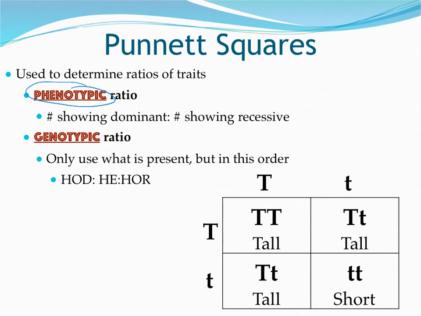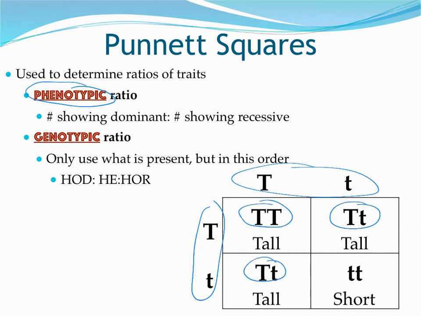So in this example, we have a heterozygous parent being crossed with a heterozygous parent for tall flowers. We get this one, which is homozygous dominant, then we get 2 heterozygotes and 1 homozygous recessive. So the phenotypic ratio for this is 3 tall, because that would be the dominant trait, to 1 short.